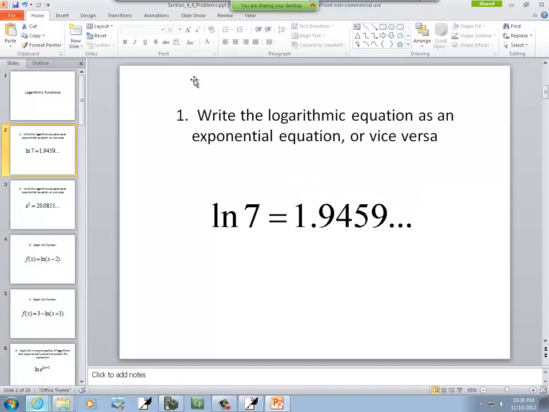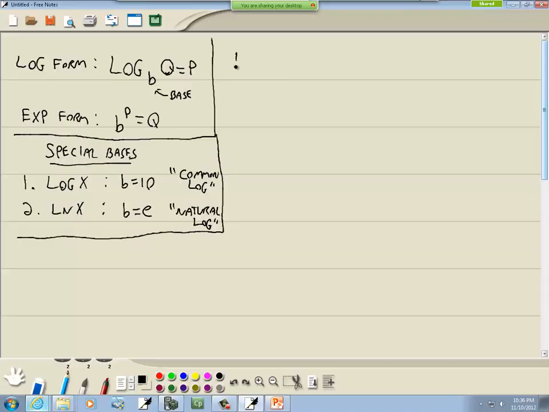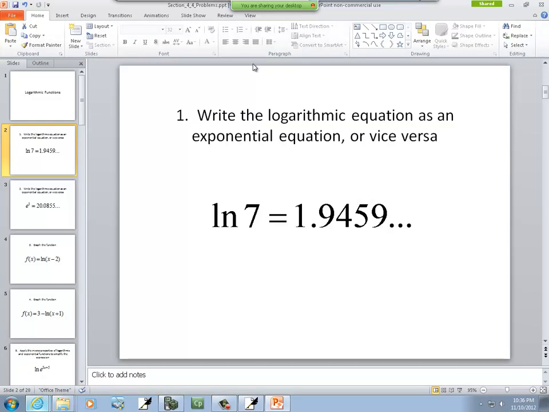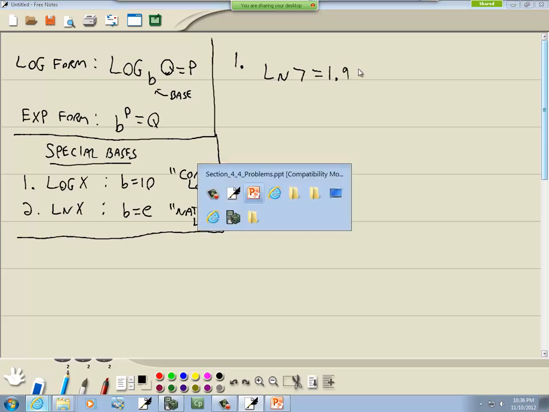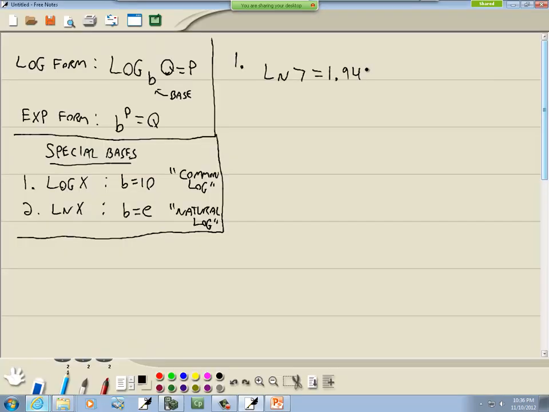Okay, let's look at our first problem. It says write the log equation as the exponential equation or vice versa. So we're starting with the natural log of 7 is equal to 1.9459... Now, natural log, ln, the base is e.